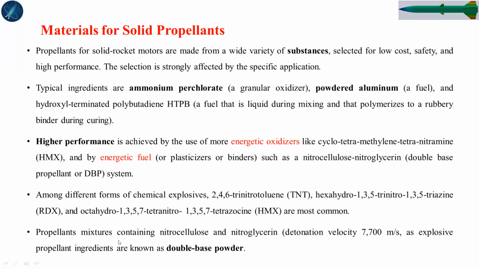Their ingredient is known as double base powder or double base propellant type, because nitroglycerin is one of the strong types of monopropellant. Nitrocellulose is also another strong propellant. So the combination of the two gives us such a detonation velocity. This is a high detonation velocity.